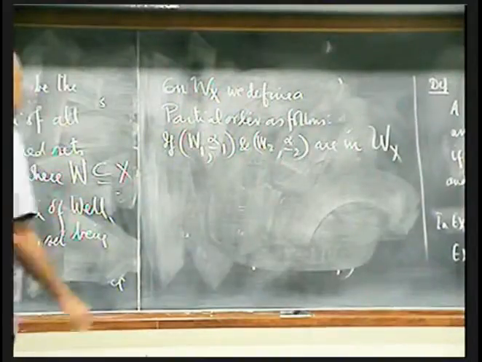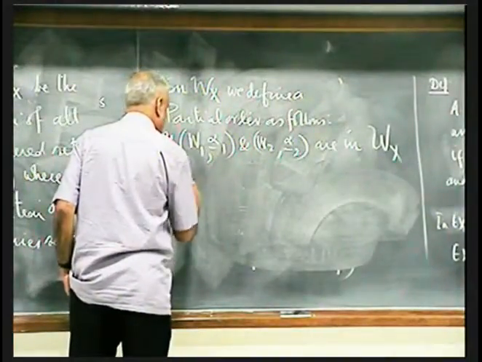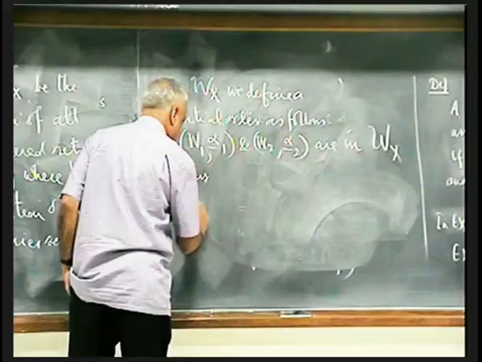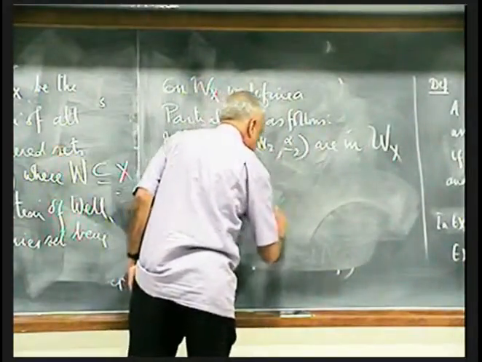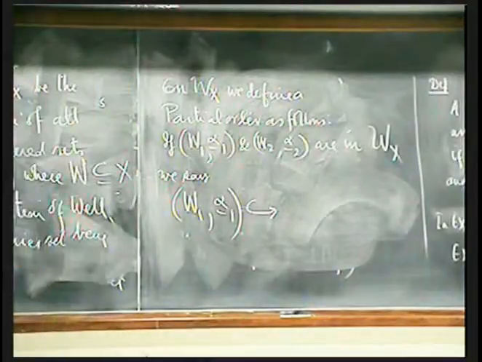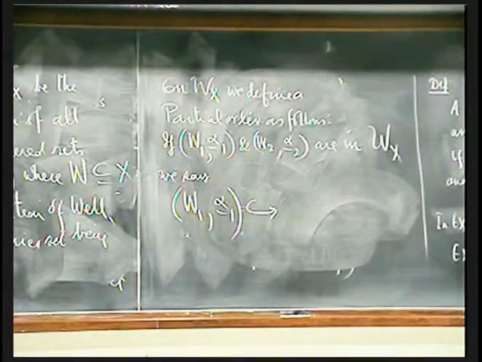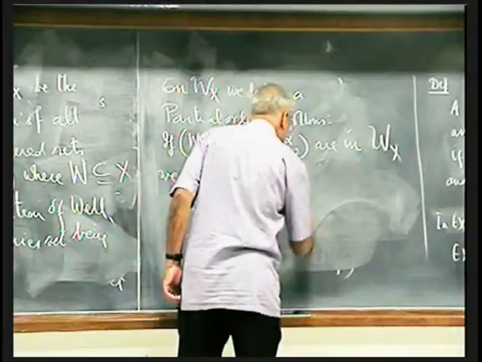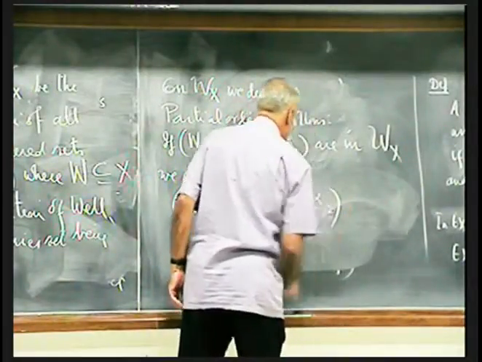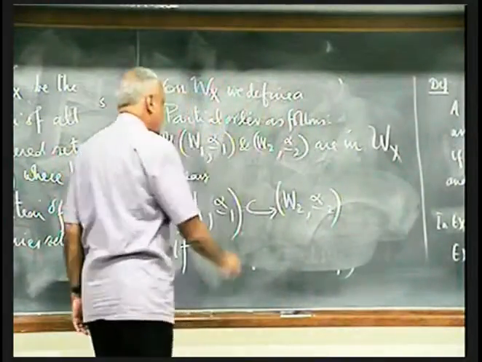I will use this symbol for the partial order that I am defining. W1 is related to W2 if something happens.